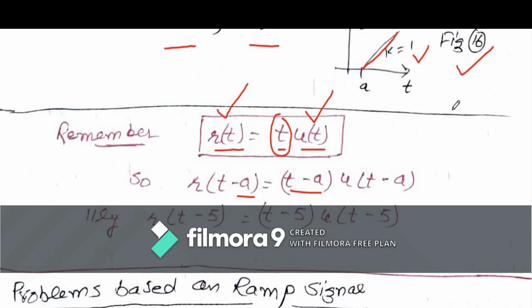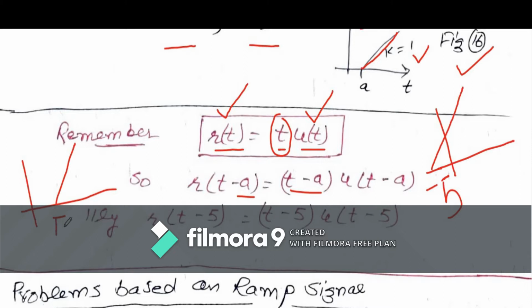And if a function starts from this side, let us say it is starting from minus 5, then we will write R of t plus 5, which is t plus 5, U of t plus 5. And if a function is starting from 5, then this is the equation: R of t minus 5 is t minus 5, U of t minus 5.